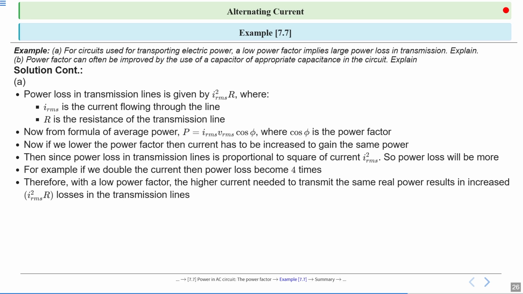We have to gain the same power. If we reduce the value of cos phi, we have to increase the value of I, due to which power loss will increase significantly. So transmitting the same real power results in increased losses in the transmission lines.